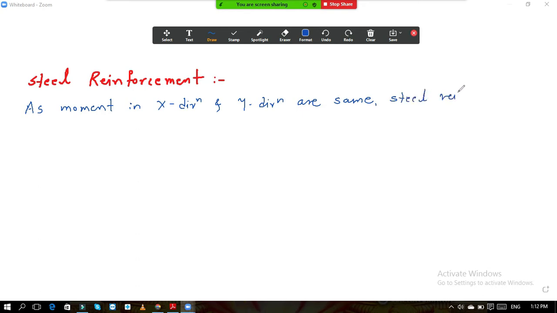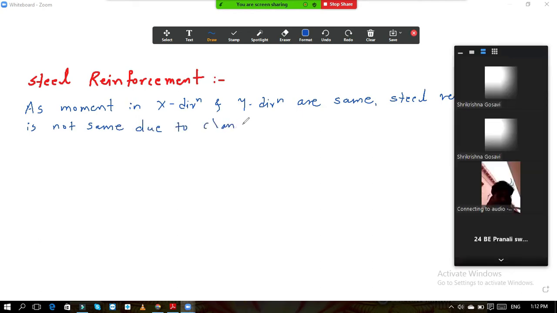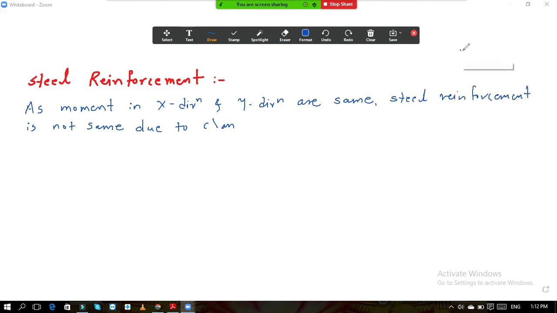Steel reinforcement is not same due to change in effective depth in y direction.